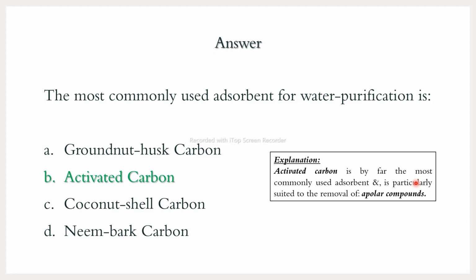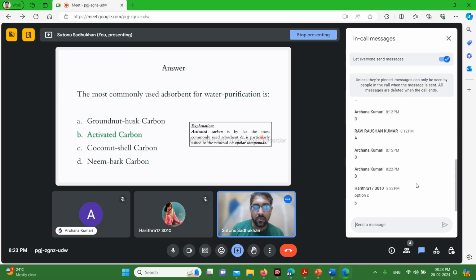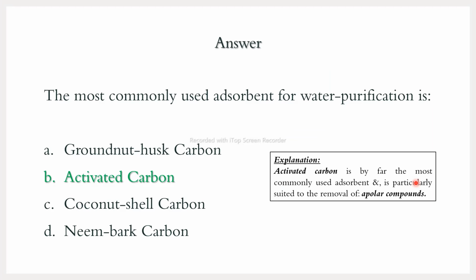So activated carbon is by far the most commonly used adsorbent and is particularly suited to the removal of apolar components. So is water polar or apolar? What do you think? You know about apolar, right? Okay. So activated carbon is the correct answer.